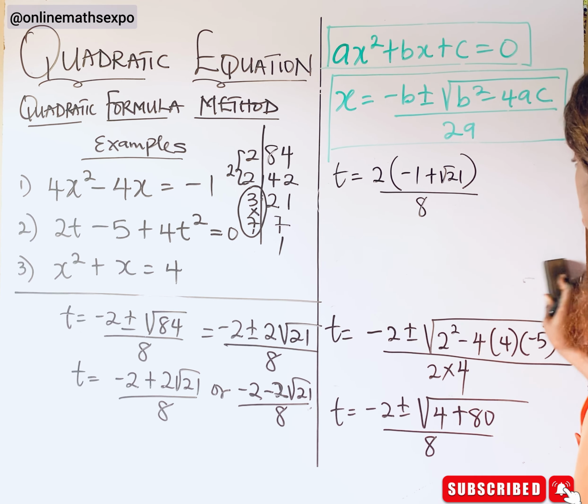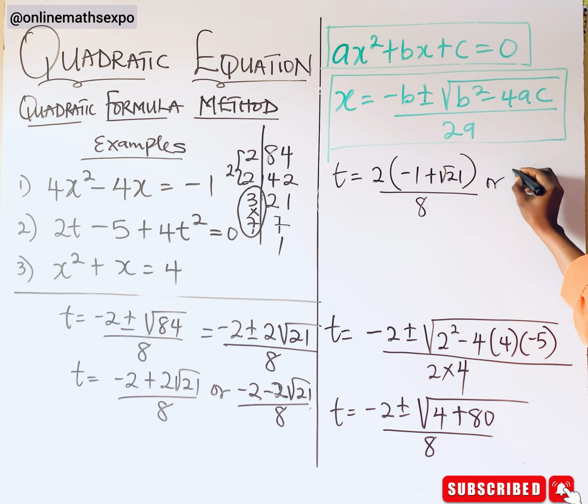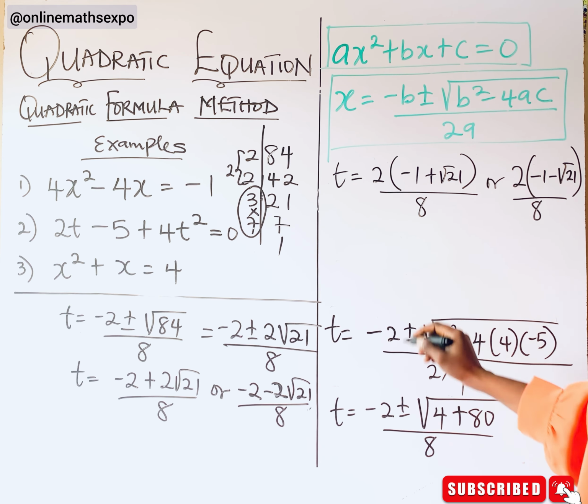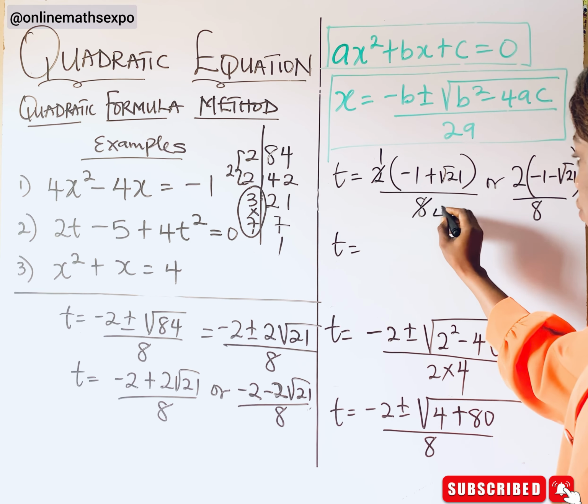The same thing is applicable to this one. We factor 2 out to have negative 1, then here will be negative root 21, and this is all over 8. So in this case, 2 here 1, 2 here is 4.